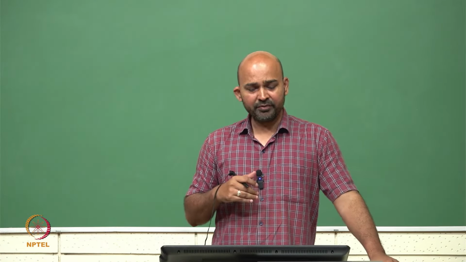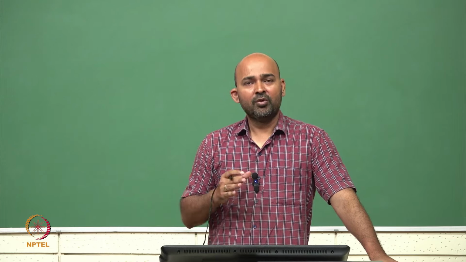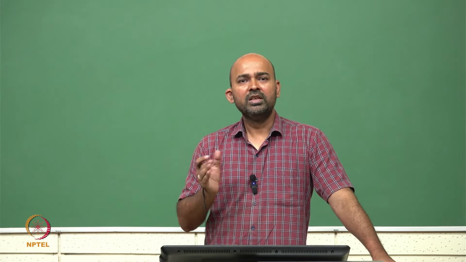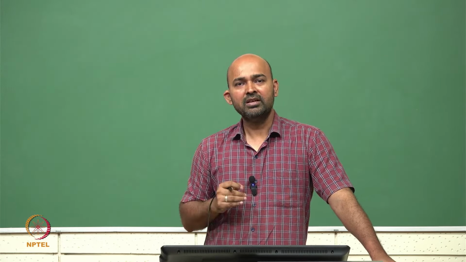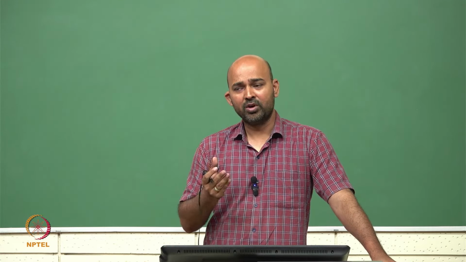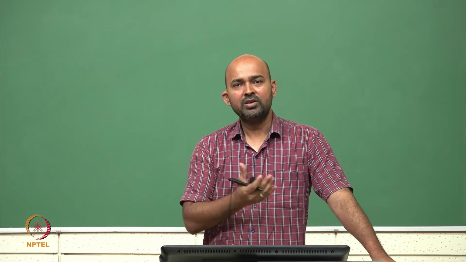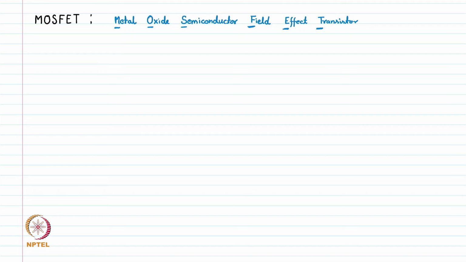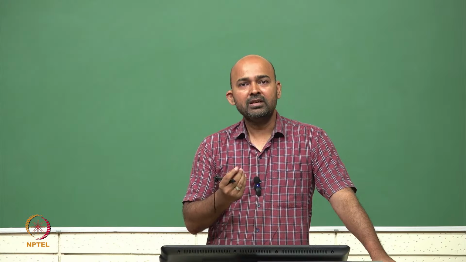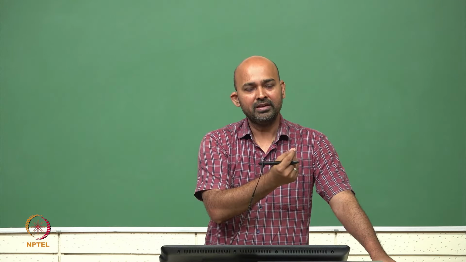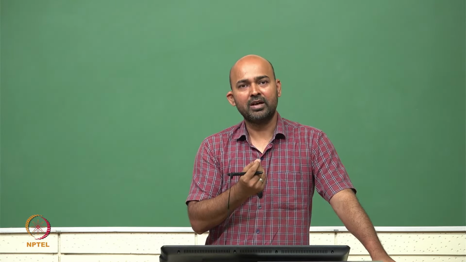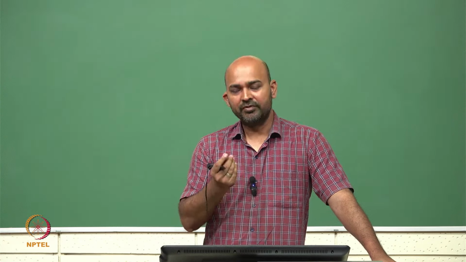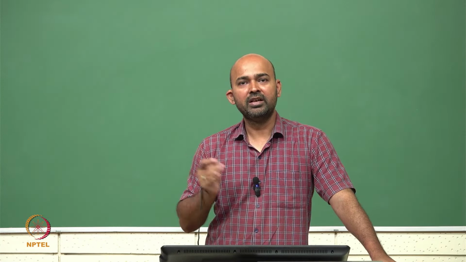This is a 4-terminal device. However, we typically use only three terminals: source, gate and drain. The fourth terminal is the body, which is typically tied together when we fabricate ICs. In a discrete component, if we buy a single MOSFET from the market, it generally comes with three terminals: source, gate and drain only.